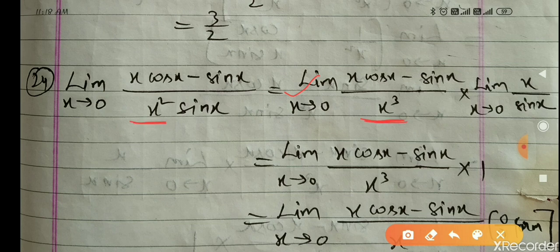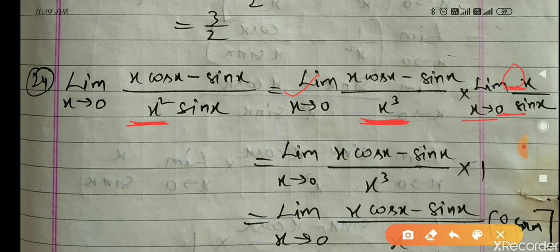In place of x square, I have made x cubed. It means that in the denominator I multiplied by x, so in the numerator also I will multiply by x. So you can see here, I have multiplied by x. So limit x tends to 0, x upon sin x I have taken separately.